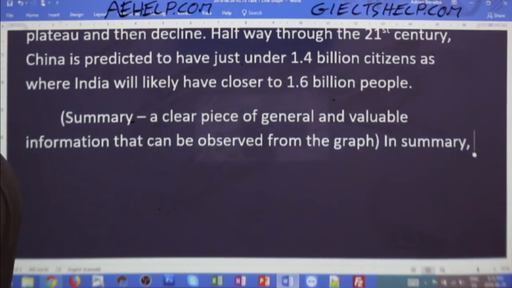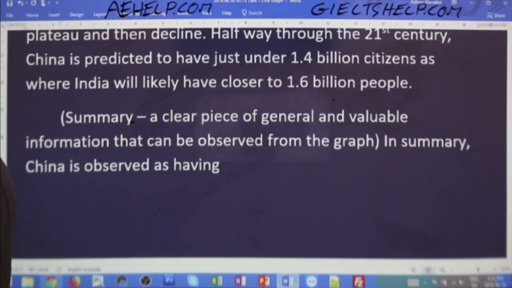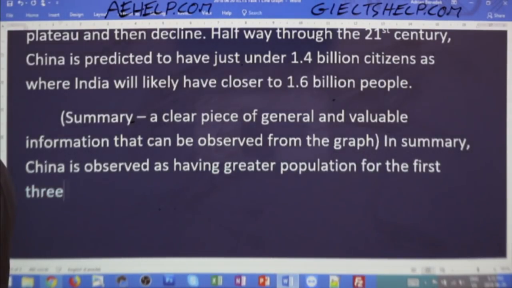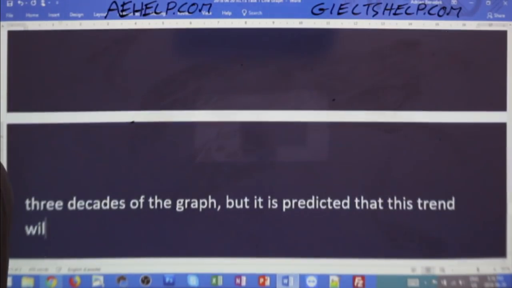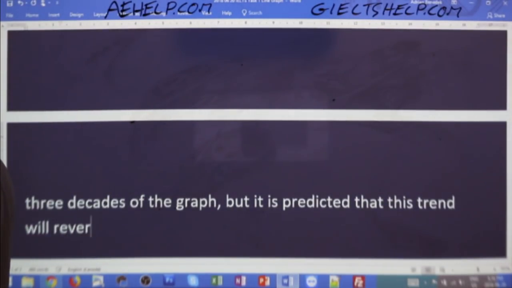In summary, China is observed as having greater population for the first 3 decades of the graph, but it is predicted that this trend will reverse in the future, in future years.